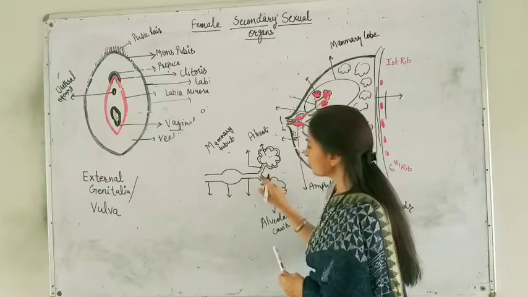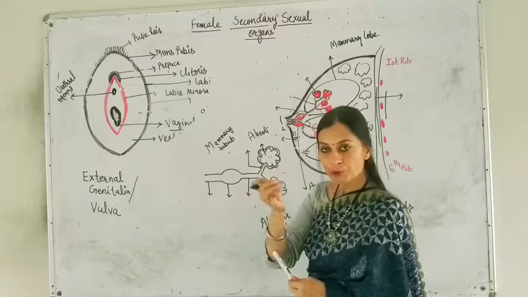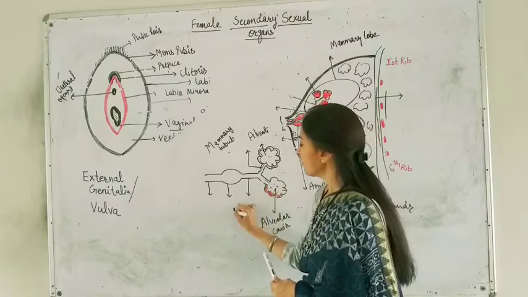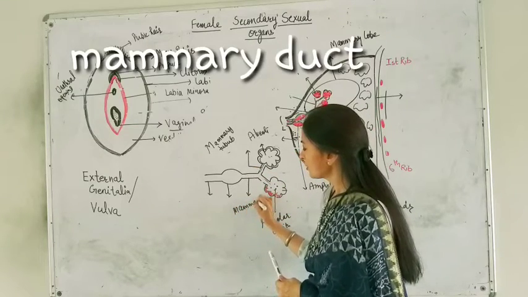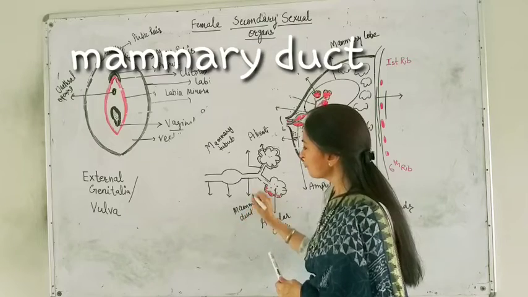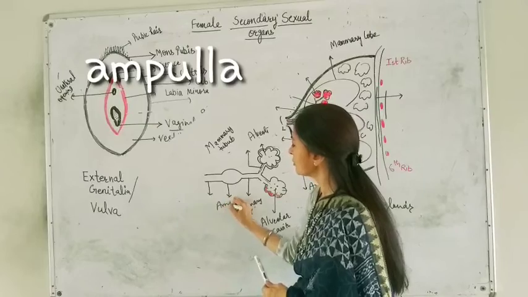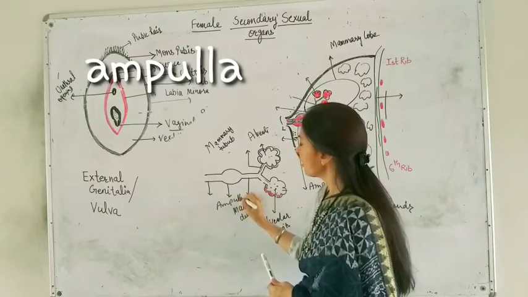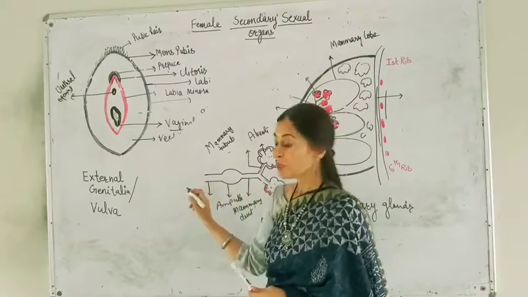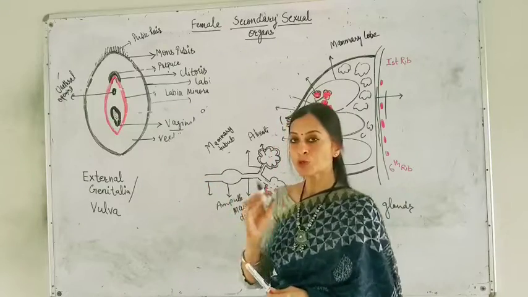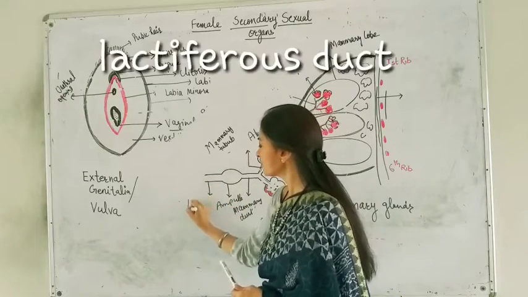This mammary tubule then leads to another; they join together to form the mammary duct. The mammary ducts form a swollen area known as the ampulla. The ampulla then forms another tubular structure, the lactiferous duct.